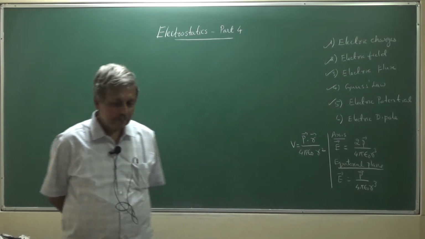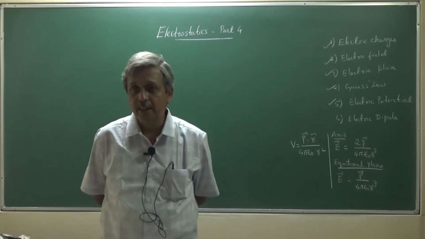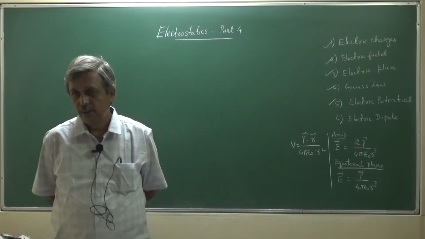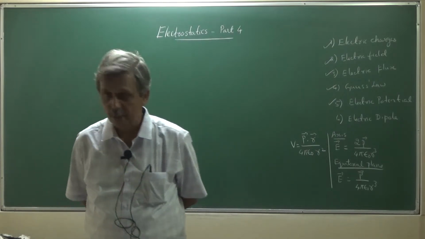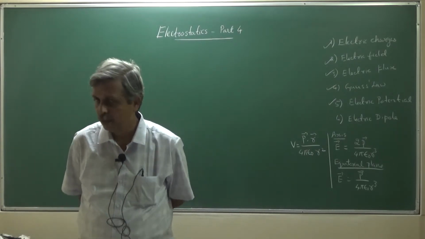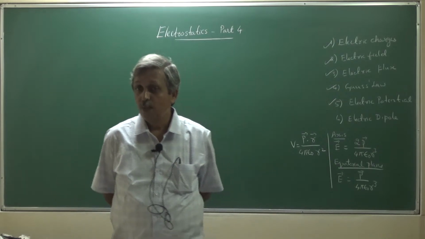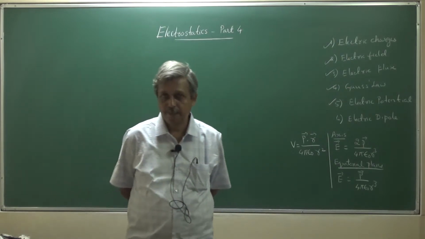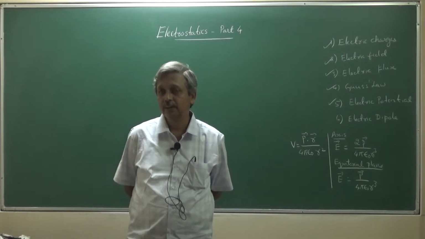Now, what is the most important thing to understand in this chapter? That is what I am going to do. I will not do a complete detailed derivation regarding electric dipole, which you can always find in the textbook or in your notes. But what is the meaning of that, from the physics point of view? If you really want to understand, those things get covered.